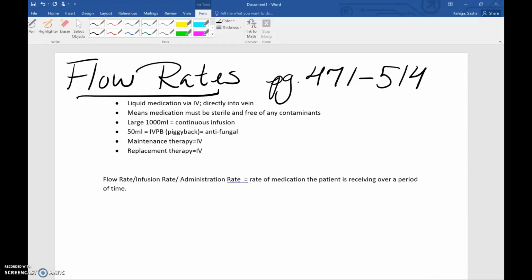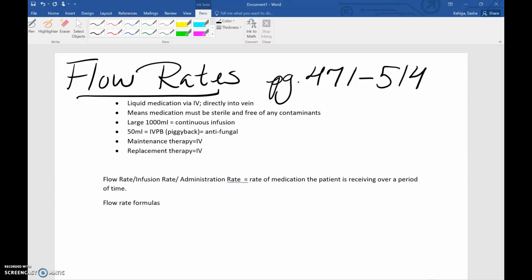All right. So you are going to learn how to calculate flow rates. And we can manipulate these formulas as we go on, but you are going to learn that within this chapter. So there are some flow rate formulas that I want you to remember.